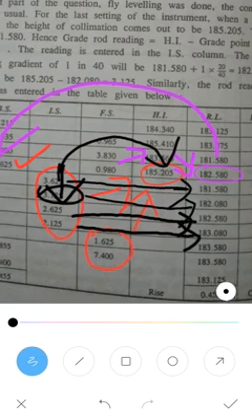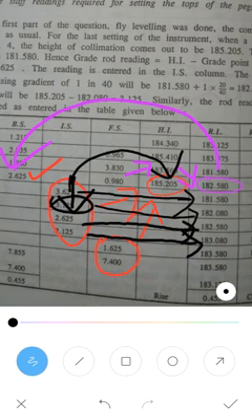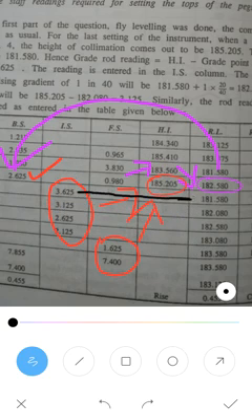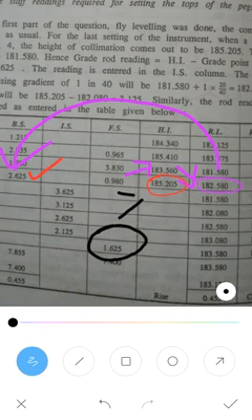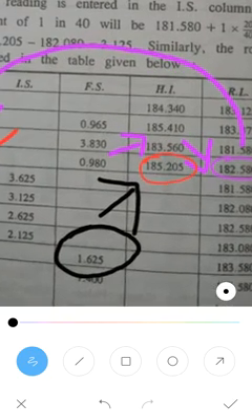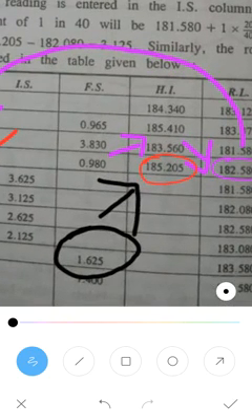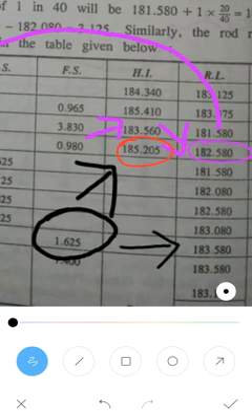Last one: 185.205 minus 1.625, because that is the last number, a foresight, gives 183.580.